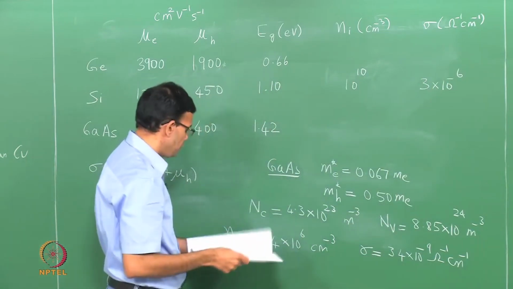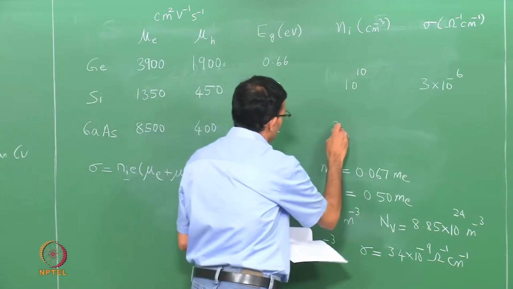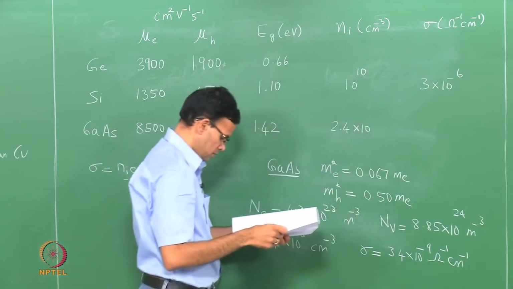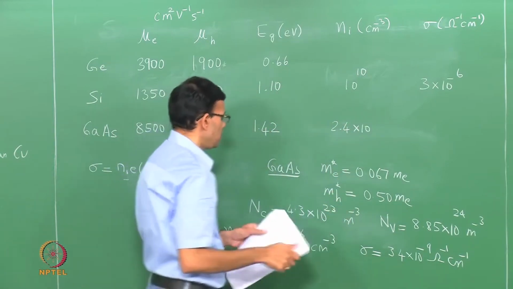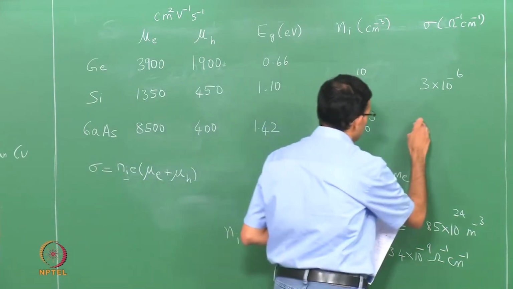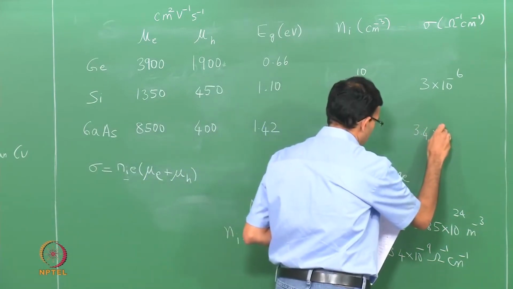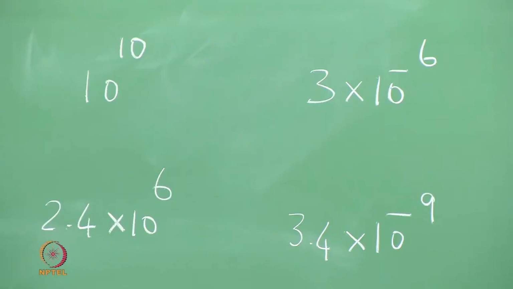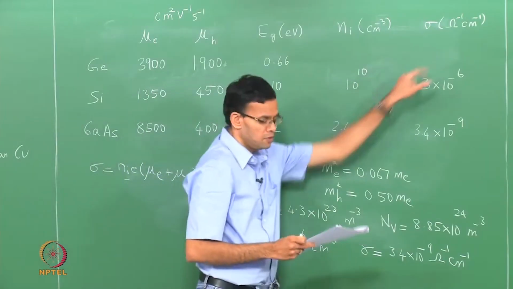So, if you write the values for gallium arsenide, Ni is 2.4 times 10 to the 6, correspondingly conductivity is 3.4. So, let us do the calculation for germanium. Then we can fill in these two values as well.